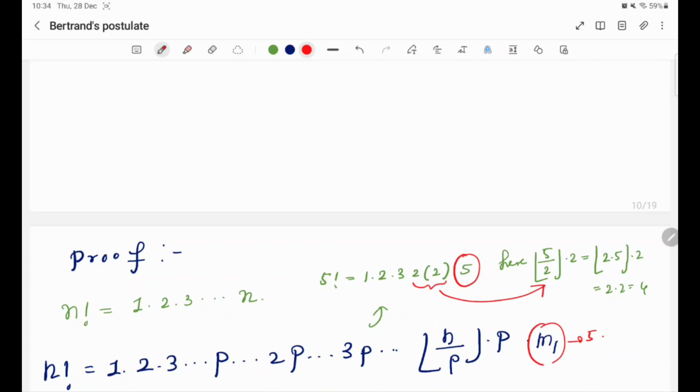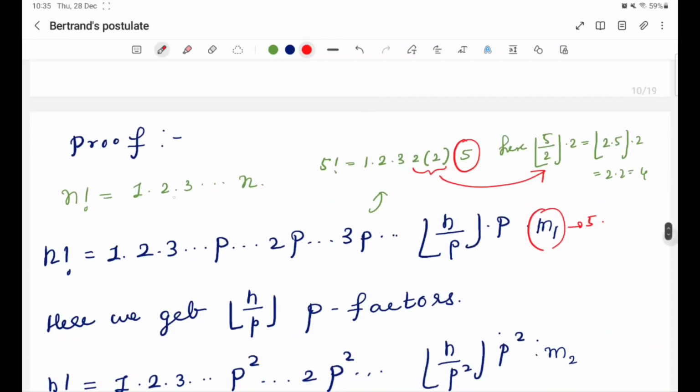So what I am going to do is I want to write n factorial like this. I want to fill these gaps. I mean, some gap, not filling the gap, but identifying the numbers in a different form.